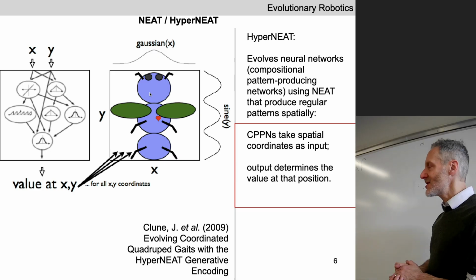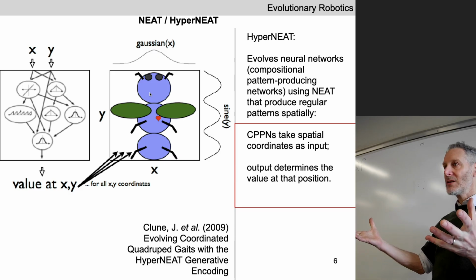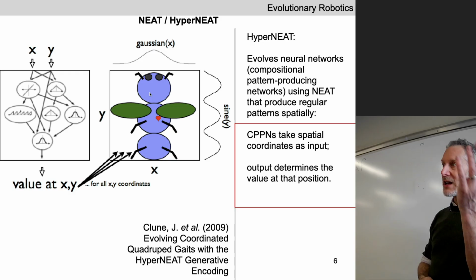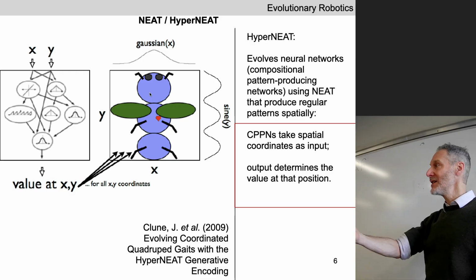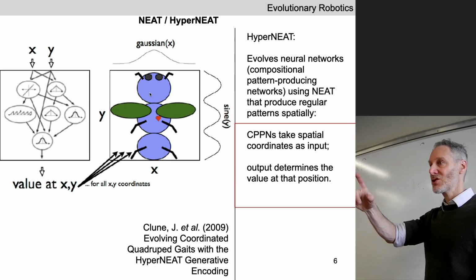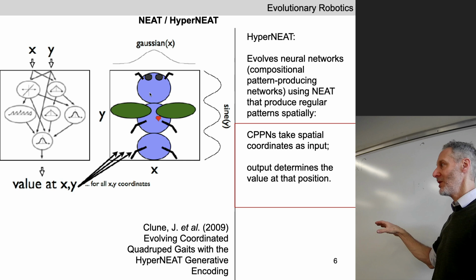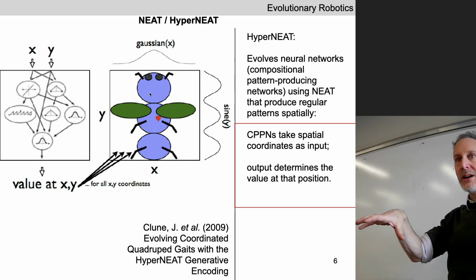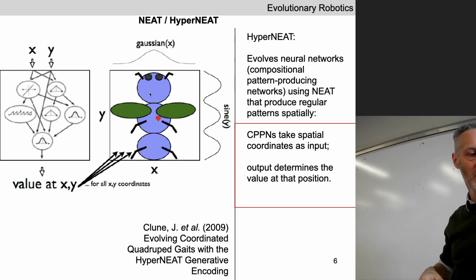You've probably already seen this in assignment 10 at this point, which is when you start the quadruped, which is bilaterally symmetric. The left side of the quadruped looks like the right side of the quadruped. It's also radially symmetric, like a jellyfish. As you go around in a circle, each bit around the circle looks like every other bit. The physiology of the quadruped is symmetric, but in the first generation of controllers for your quadruped, its brain is not symmetric.